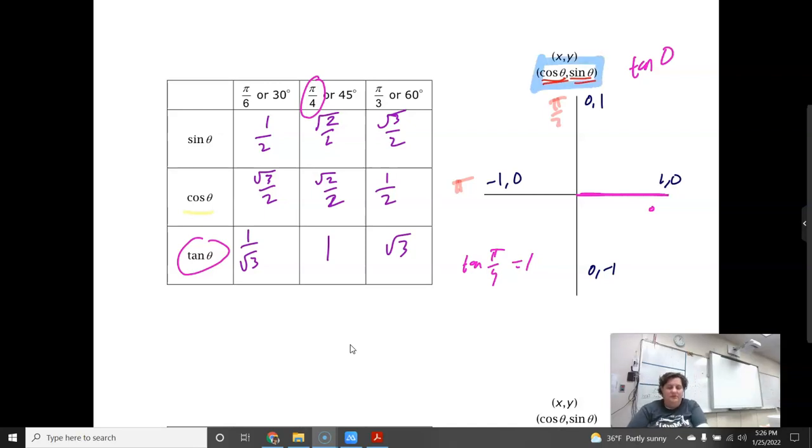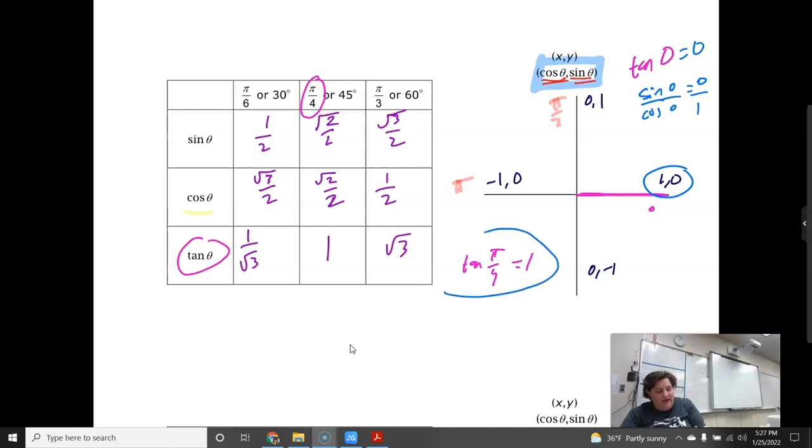It doesn't give you tangent. But if you remember that tangent is sine over cosine, the tangent of 0 would be the sine at that point over the cosine at that point. Sine is 0, cosine is 1. So 0 divided by 1 is 0. So I've got tangent of pi over 4 is 1, tangent of 0 is 0. Let's go.